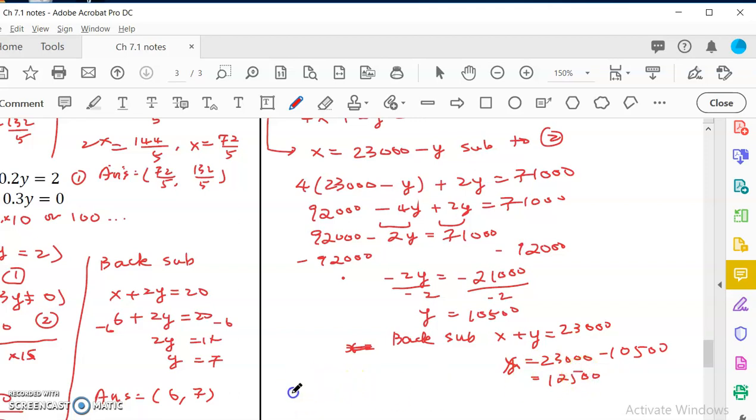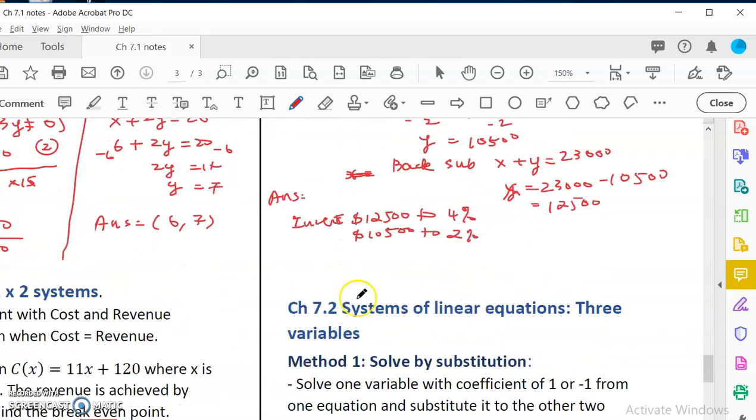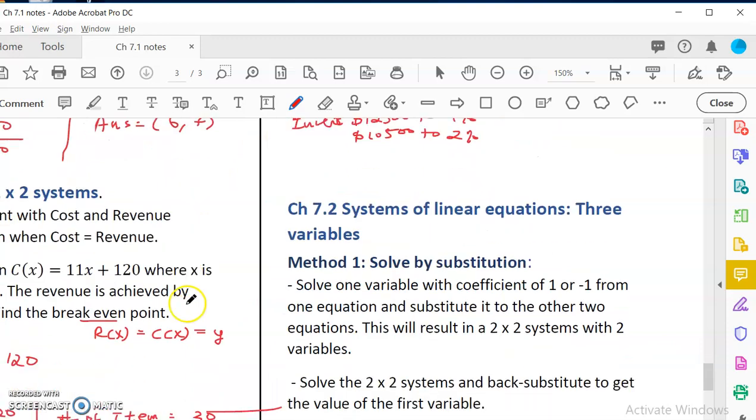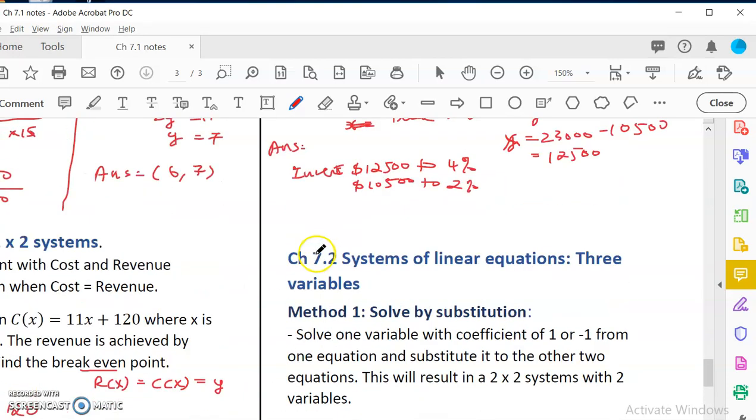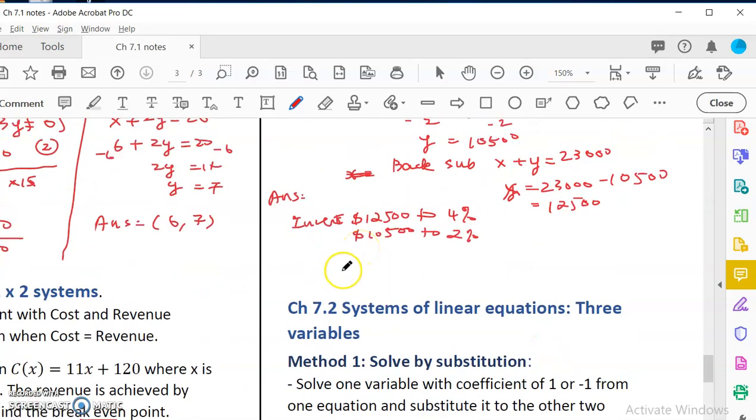Okay, so you will invest 12,500 at the 4%, and 10,500 at the 2%. So write it as the answer. It's a word problem. You should write it as a number sentence, in a sentence. Okay. So that is all of 7.1.